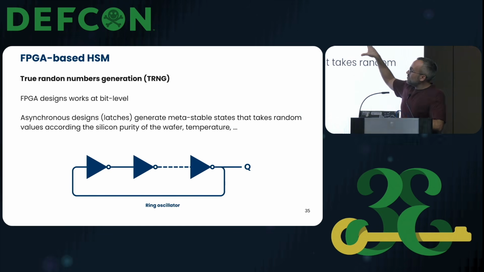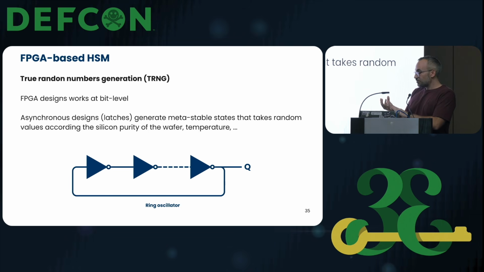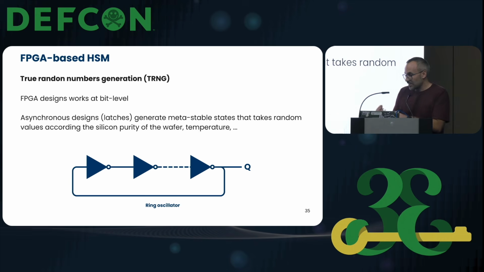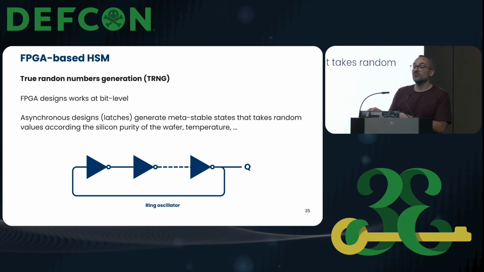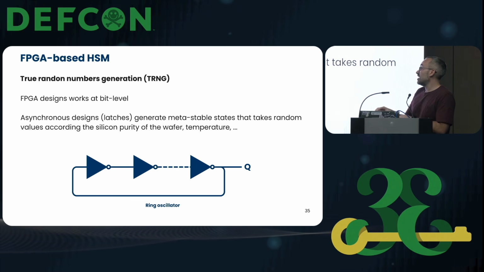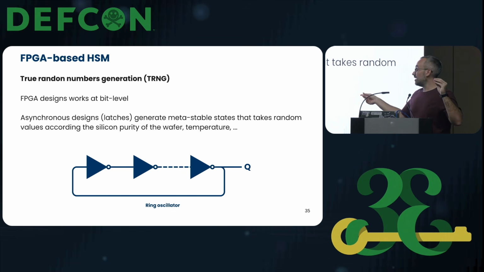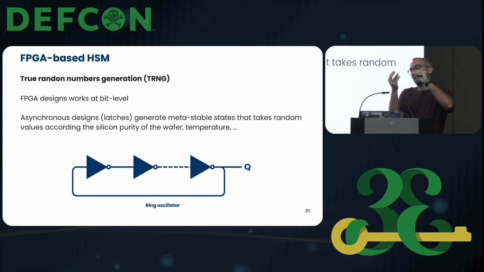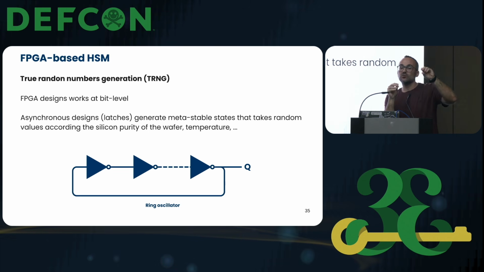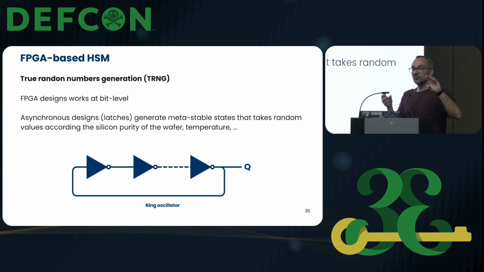And true random number generation. I said before that I am writing the hardware which is running inside of the FPGA, which is printed in the FPGA. So I can control the length of the connection between one logic block and another. But what I cannot control is the purity of the wafer that the manufacturer used to print the circuit.